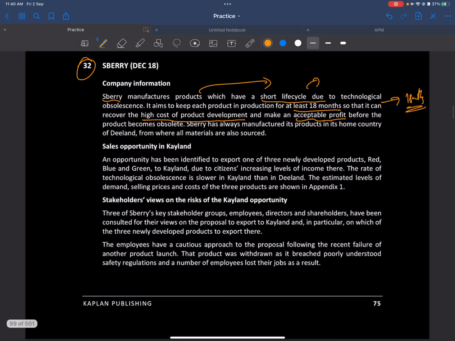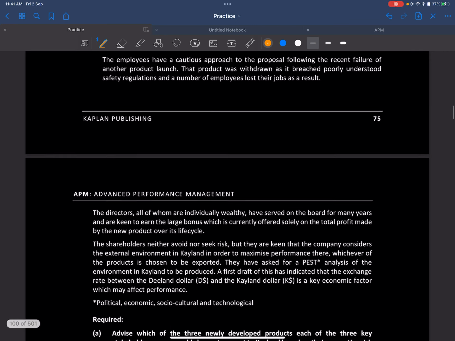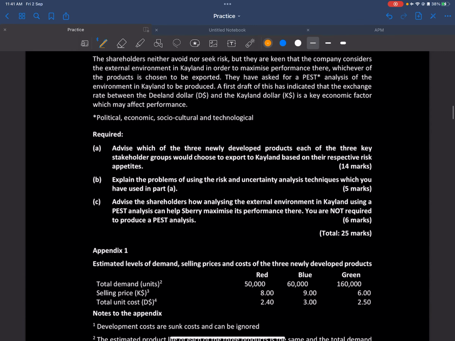And Asbury has always manufactured its product in the home country of D-land, from where all materials are also sourced. So it's all sourced within its home country, right? So let's just see the requirement. Advise, the verb is advise.